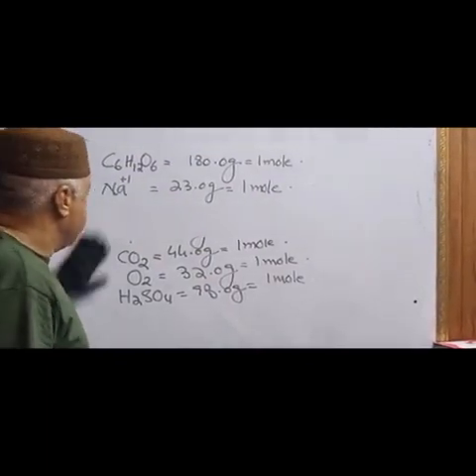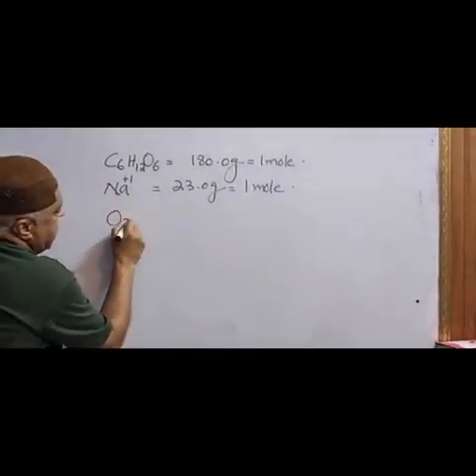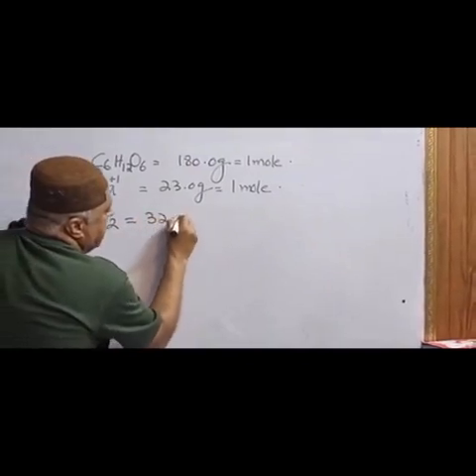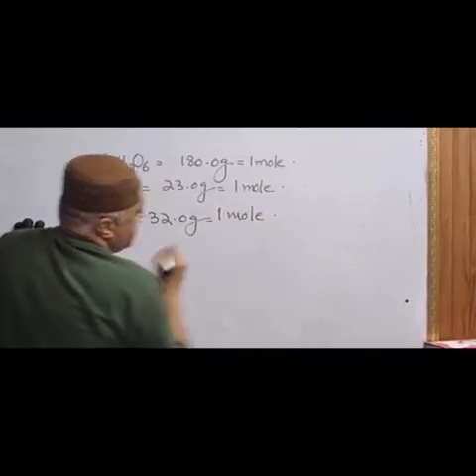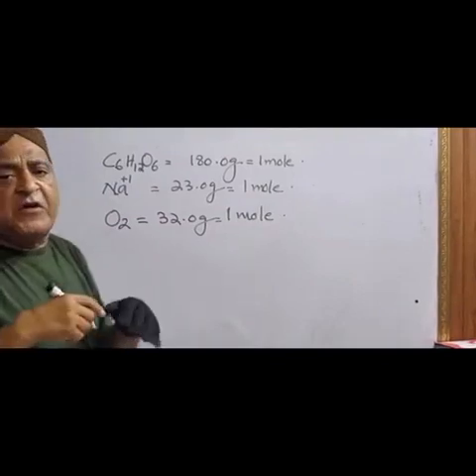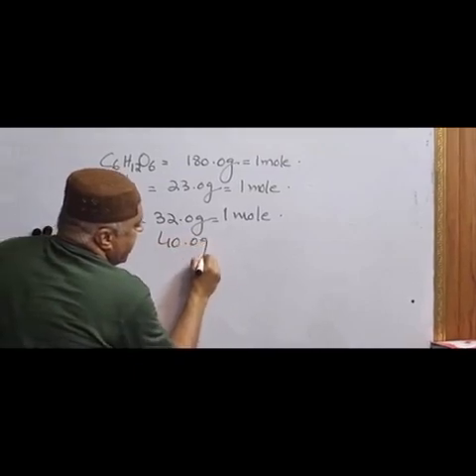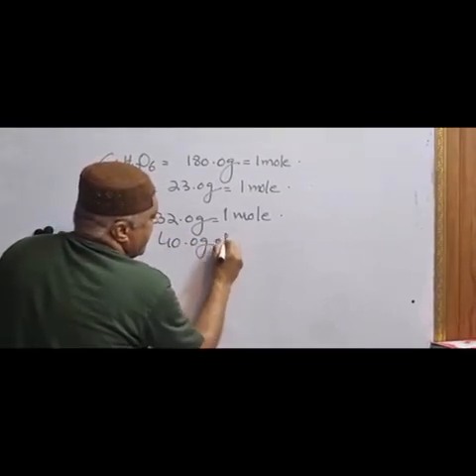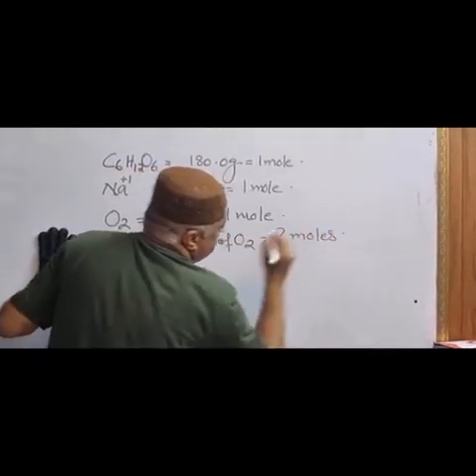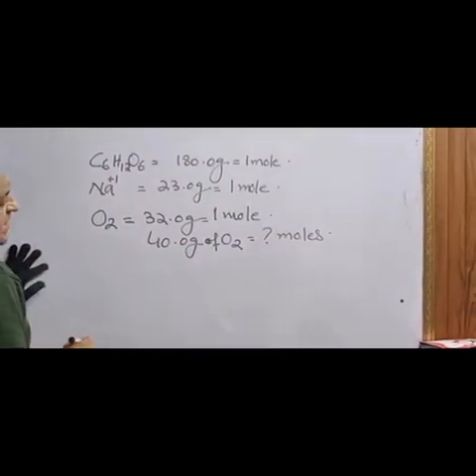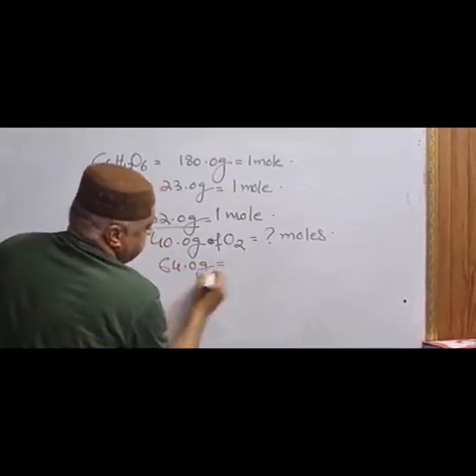So when I say oxygen 32 gram is equal to 1 mole, if I increase the quantity, so I write here 40 gram of oxygen, equal to how many moles? Or when I say the double quantity, 64 gram, I simply write 2 moles.